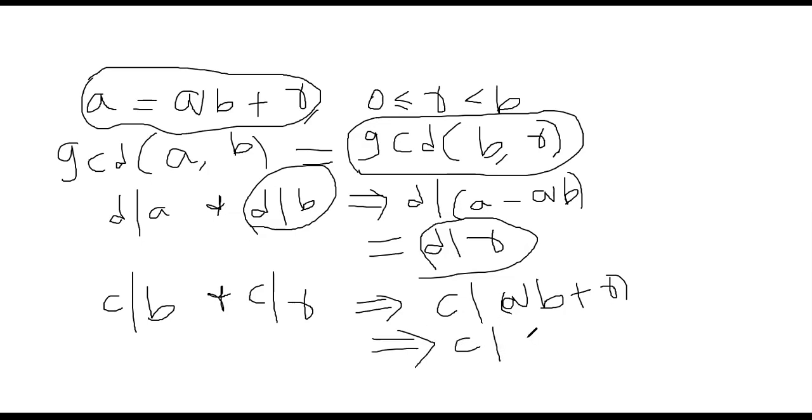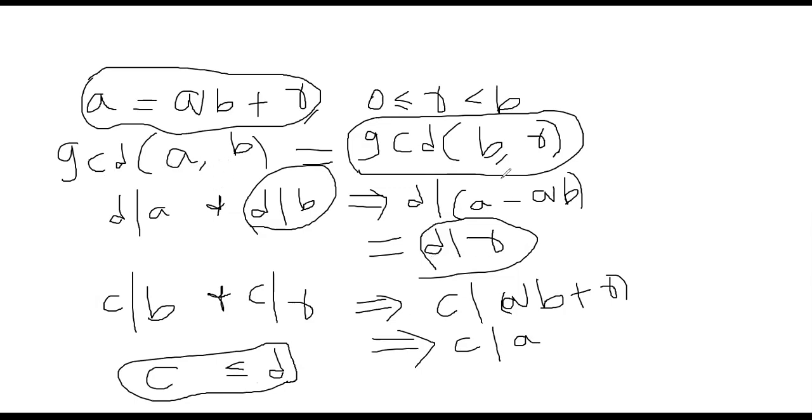So what did we achieve so far? We found a number C which divides A, and C also divides B. What it means is that we can now compare that C with D, where D is the GCD of A and B. Therefore, C must be smaller than or equal to D. This comes straight from the definition of GCD, because we know that D is a GCD of A and B. That's what we assumed.